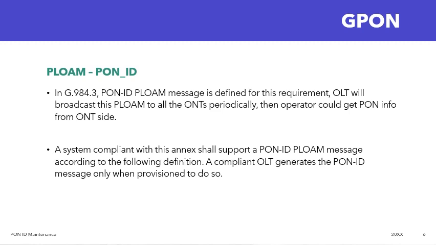Then the operator could get the PON info from the ONT side or by listening to the PON lines using PON analyzers. A system compliant with this shall support the PLOM message, but whether to broadcast this PLOM message or not, it's up to the configuration. How frequently the PLOM message has to be broadcasted is again up to the configuration.